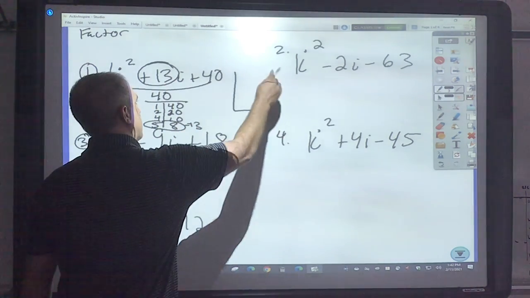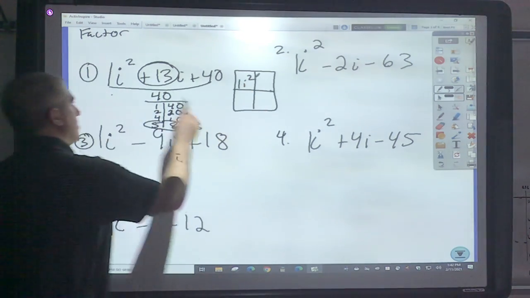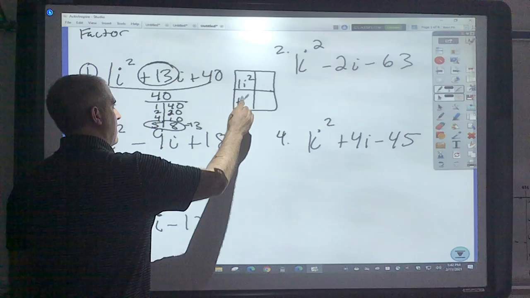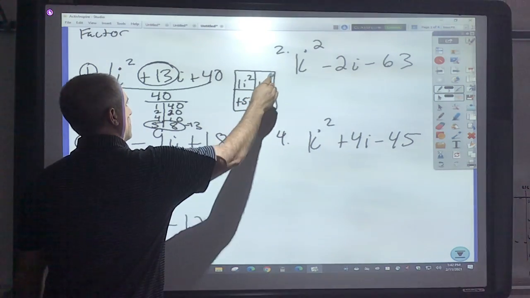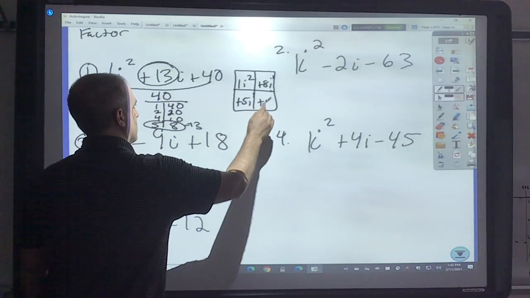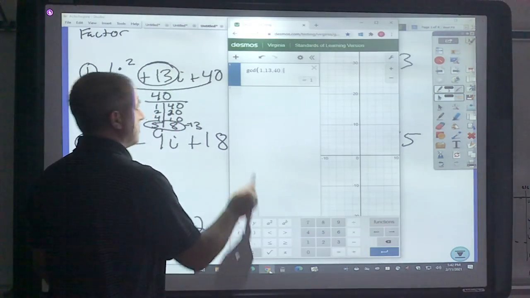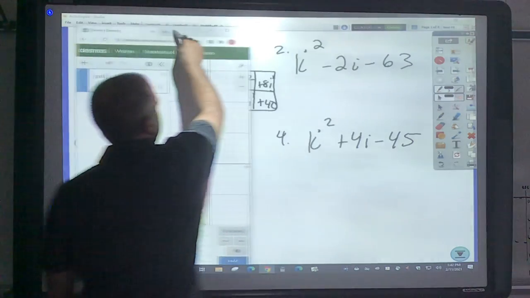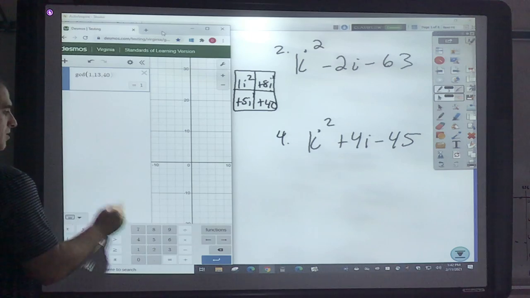So I'm going to make my box. First term, 1i squared, plus 5i to the first, plus 8i to the first, plus 40. GCF's going across. I would do at least these two rows, and then you can work with the other parts.